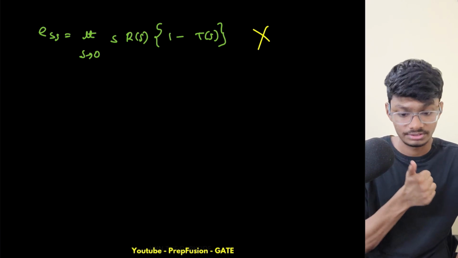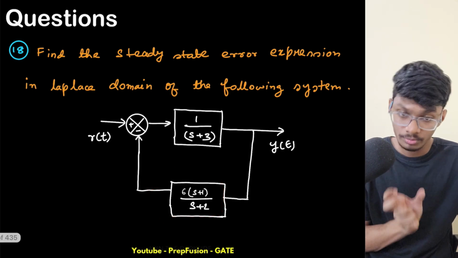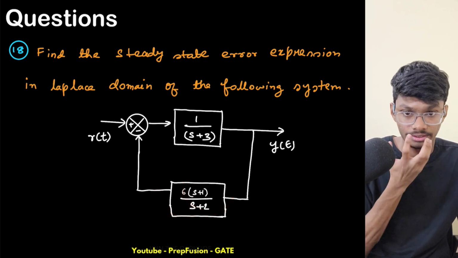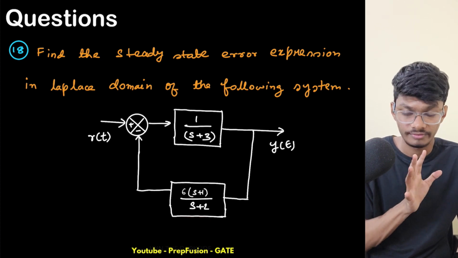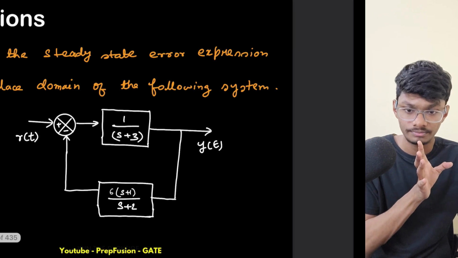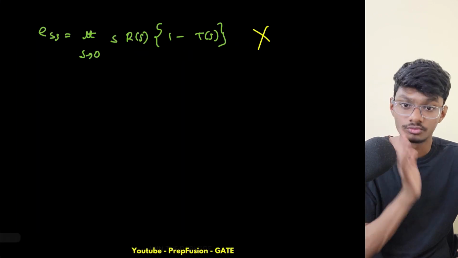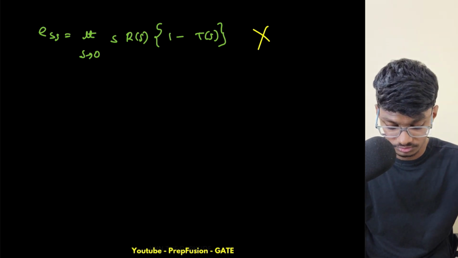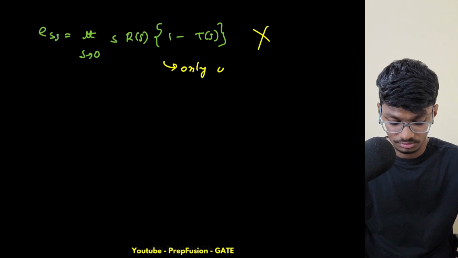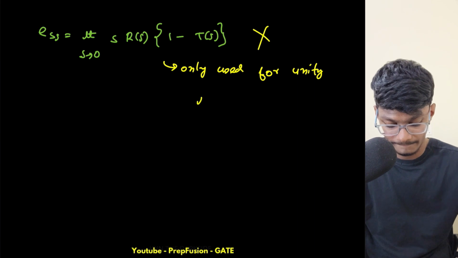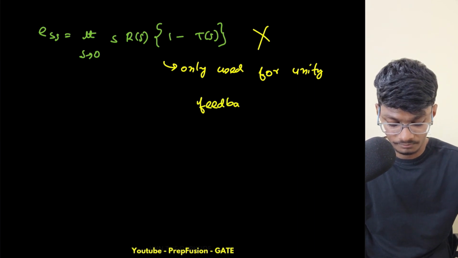It can also be used when the feedback factor H of 0 becomes 1 at steady state, and I will show you with one example. But for now, we can't use this in a non-unity feedback. So it is only used for unity feedback systems.